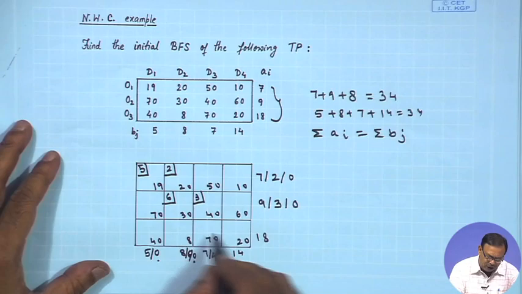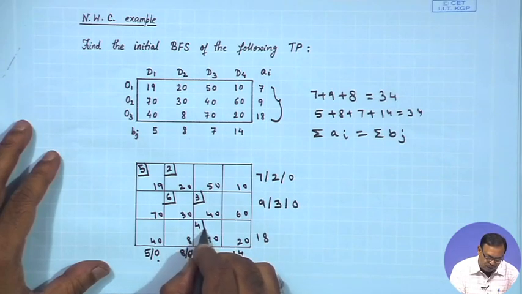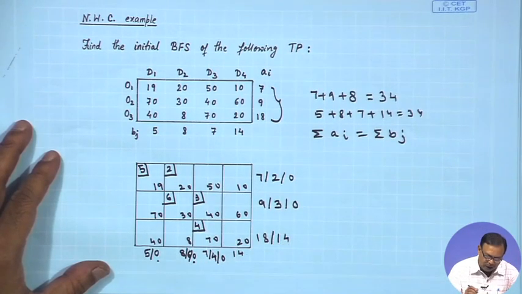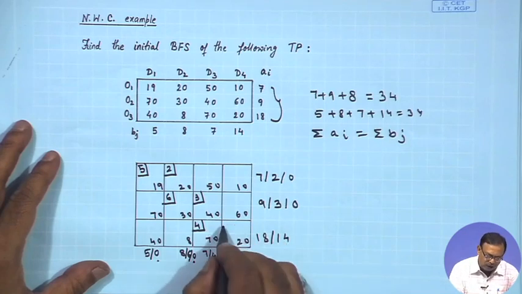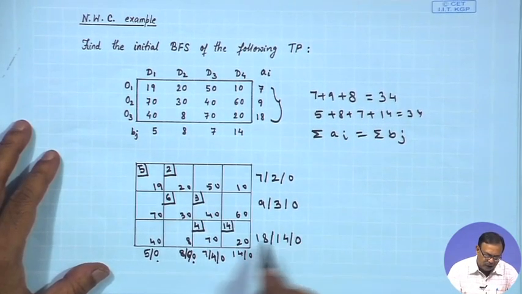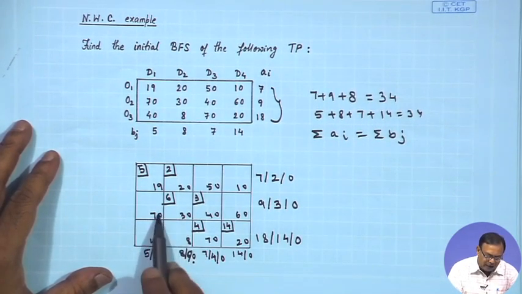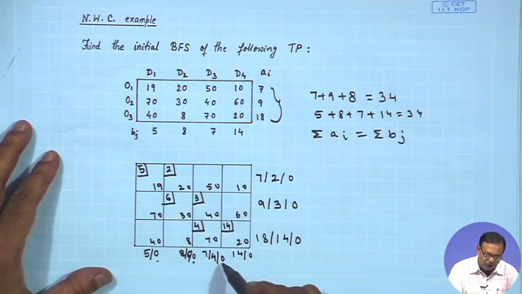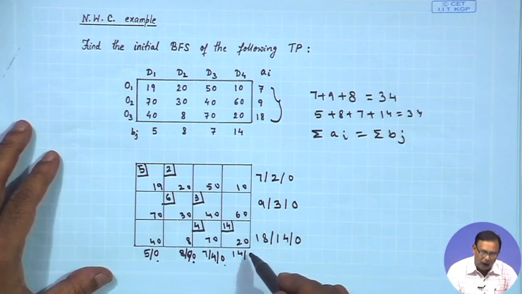So, when I am meeting this one, 4 and 18, you can allocate 4 at this position and the remaining, this becomes 0, this 18 becomes 14, only one cell left. So, now you can see this 14 I have made. So, I have made the allocation like this. Like this way, for each case I have made the allocations.